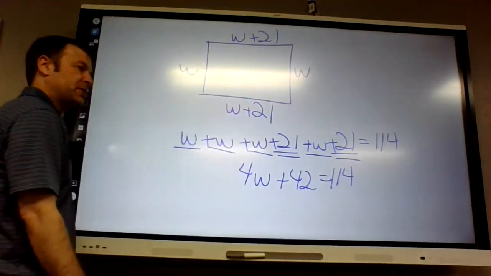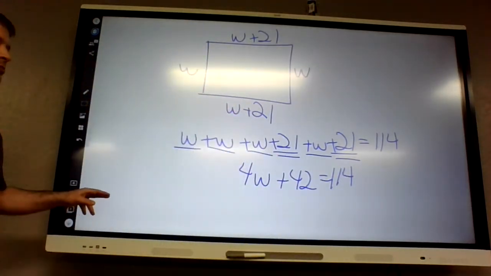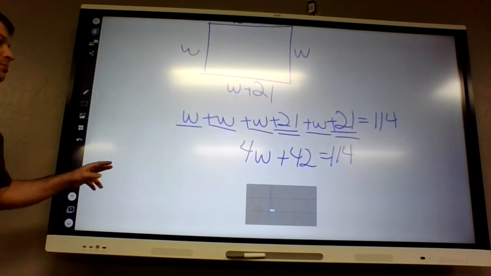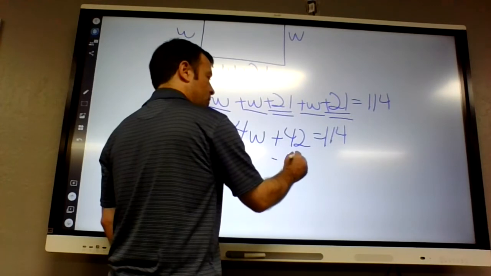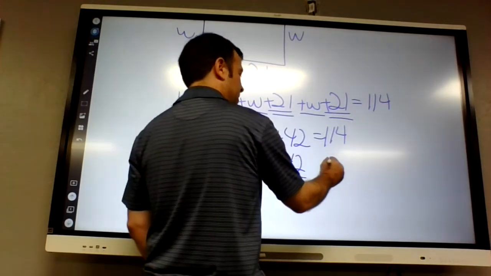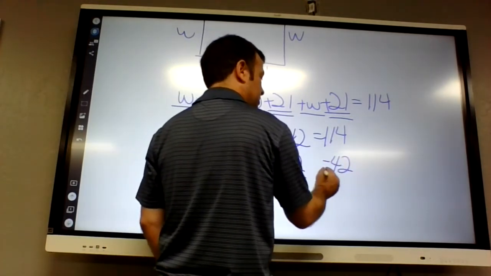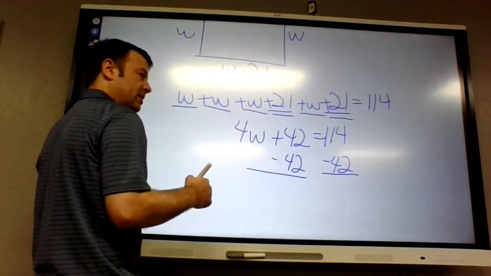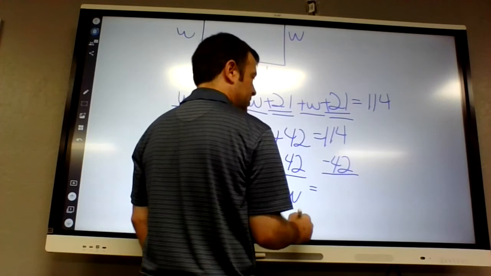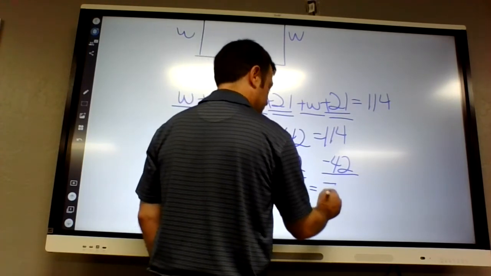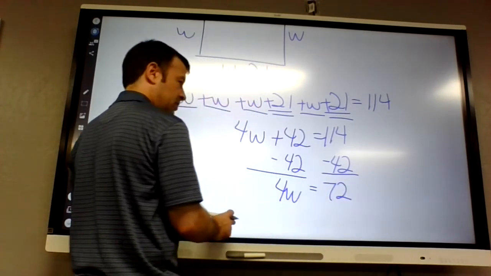And now we got a basic algebra problem. W stands for the width, but I'm guessing they're asking me for both dimensions, the width and the length. So after we find W, we're not quite done yet. What would that be? 72 divided by 4.